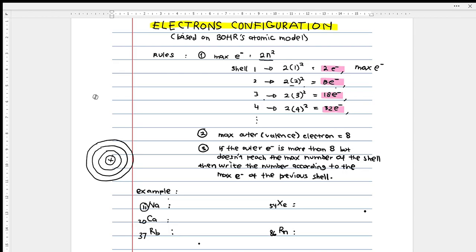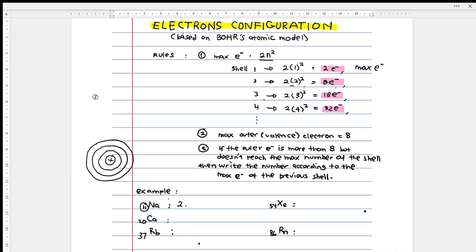So if we have 11 electrons, we need to distribute these 11 electrons, right? First we place electrons in the first shell. Since the maximum amount of electrons that we can place in the first shell is 2, we write down 2 here. Next, we'll go to the second shell.